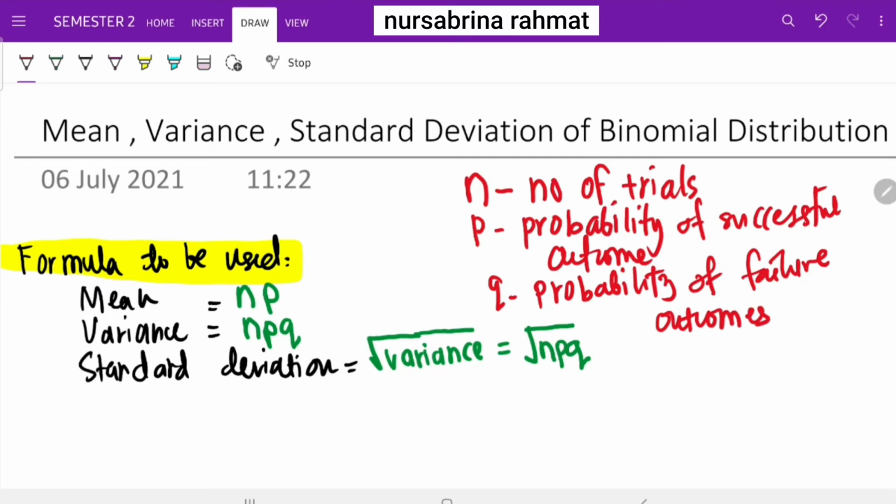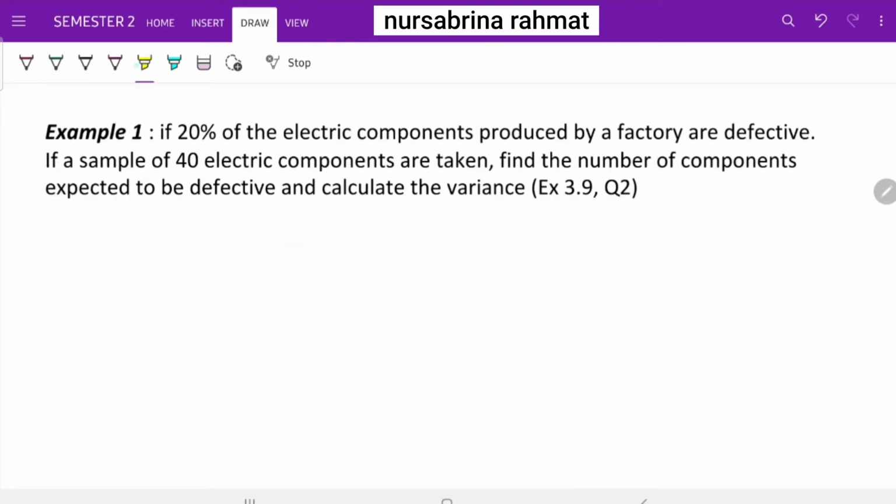Let's try one example on how to use these formulas. 20% of the electric components produced by a factory are defective.